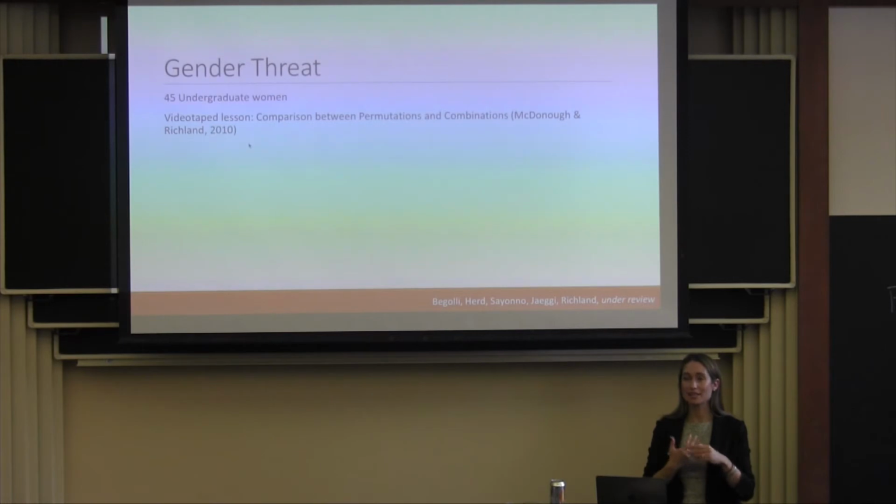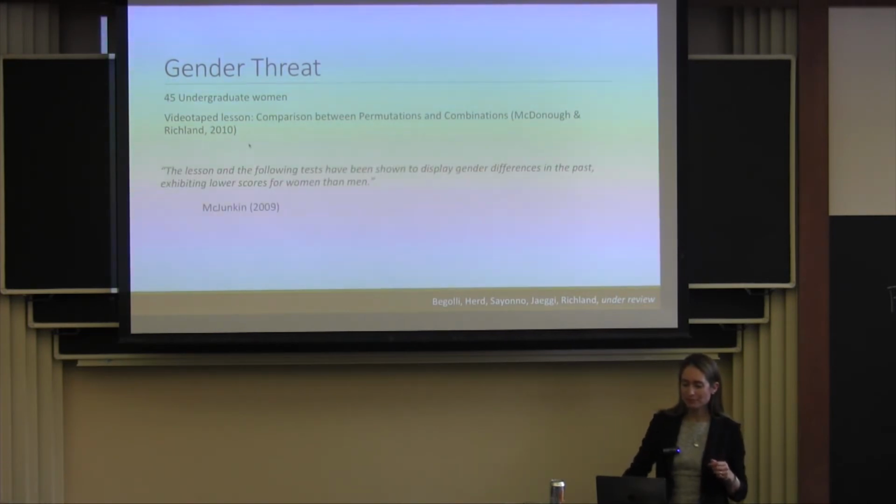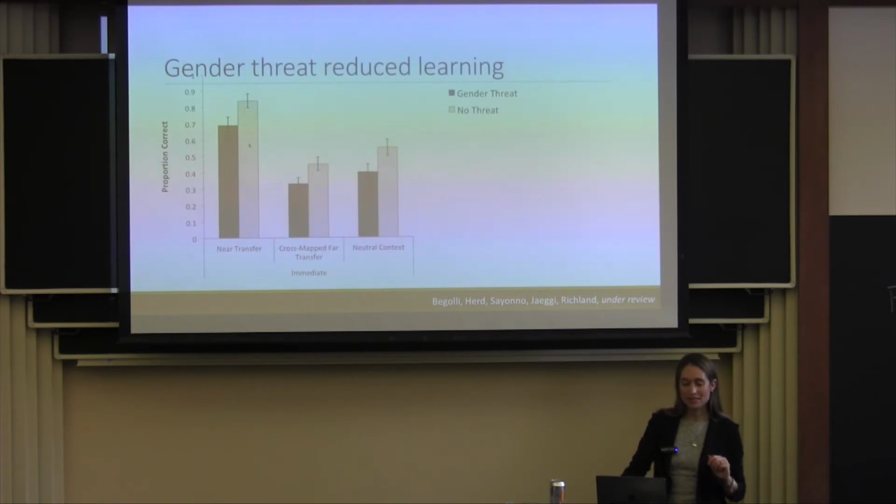Again, it's an opportunity for comparison, but it requires working memory to align and map these different representations together. We gave them an instruction at the beginning that said, this lesson and the following tests have been shown to display gender differences in the past, exhibiting lower scores for women than men. So again, not saying anything about you in particular, but invoking this potential for identity-based judgments of performance. And basically that's what we see.